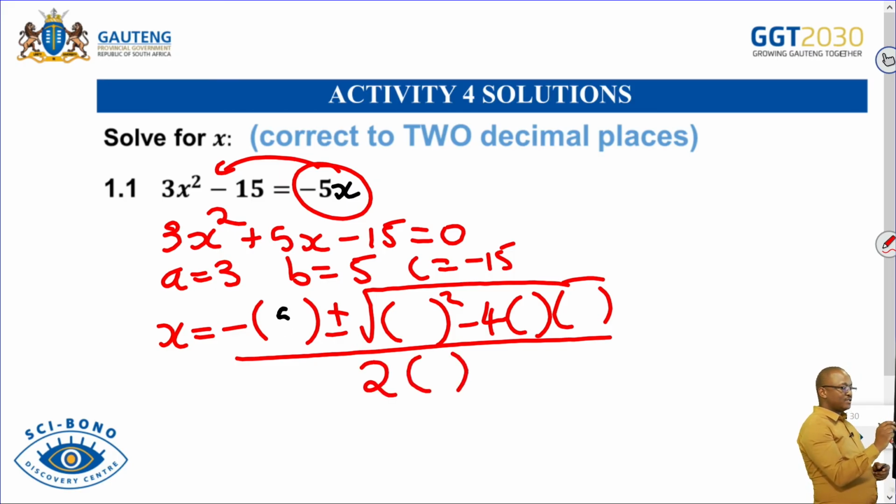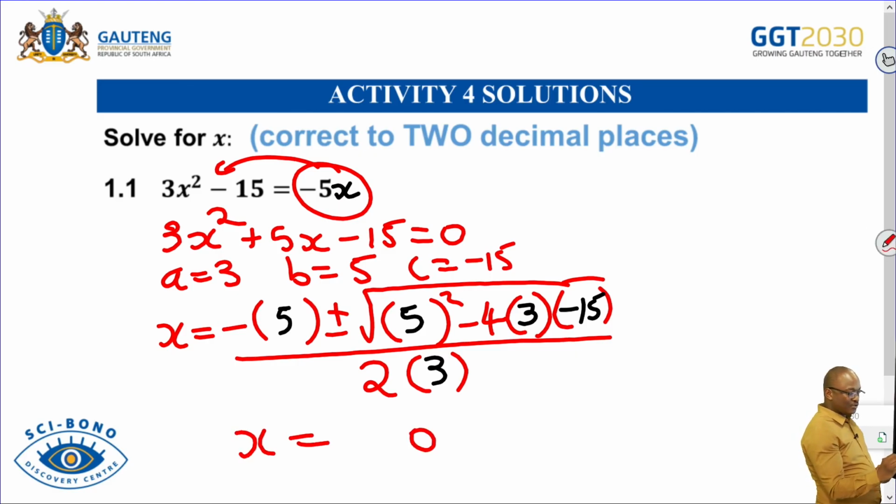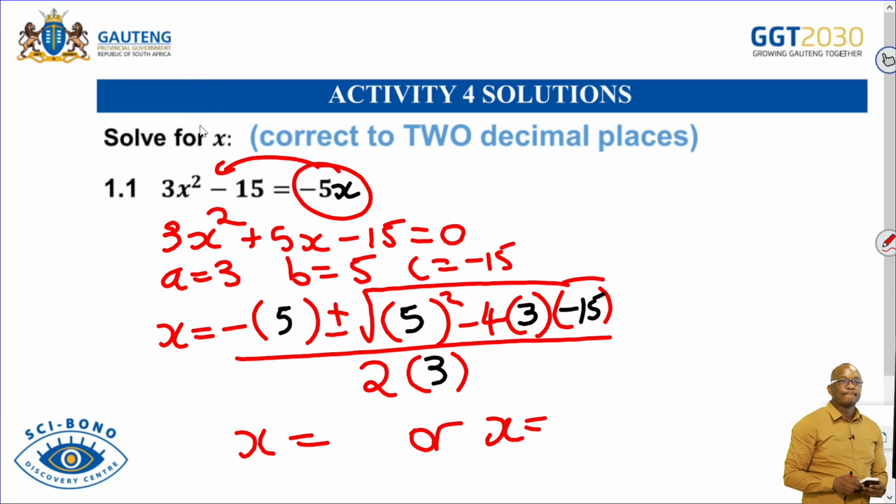What is our b? It's 5. What is our c? C is negative 15. And a is 3. So that's how you punch it in your calculator. And we get your values of x.